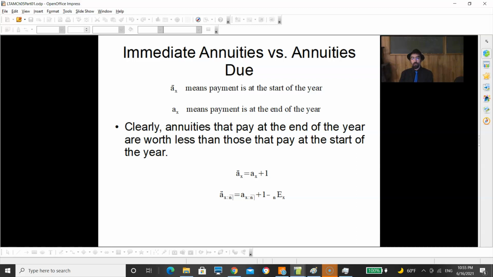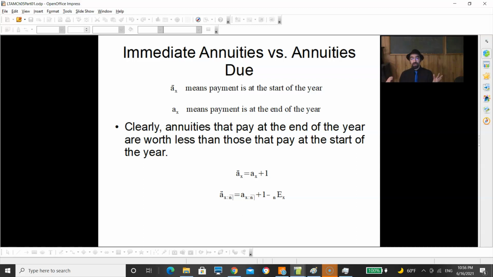So, as you may remember from exam FM, there's this rather confusing terminology about immediate annuities versus annuities due. You would think that an immediate annuity is one that pays immediately, and that an annuity due pays at the end of the year, so that your payment is due, you're owed something.